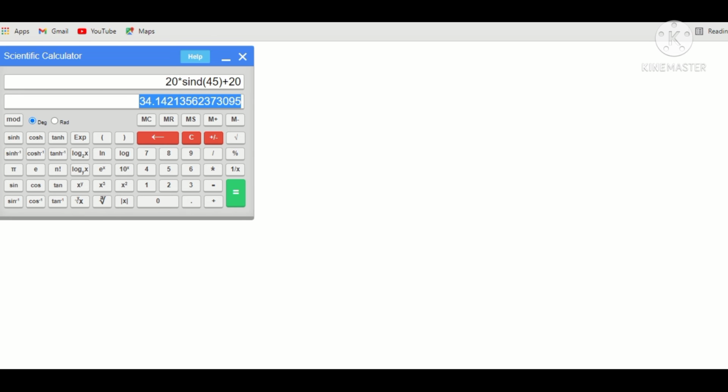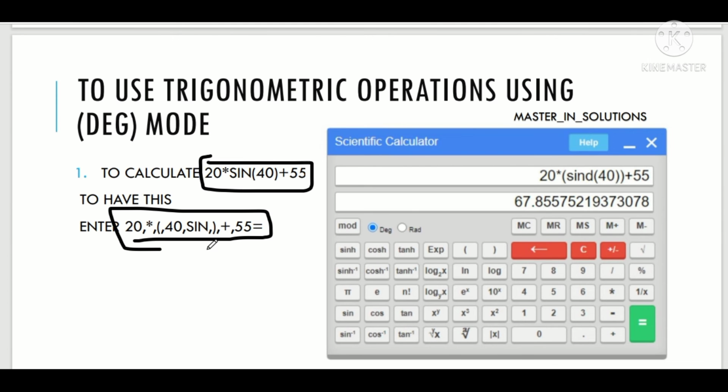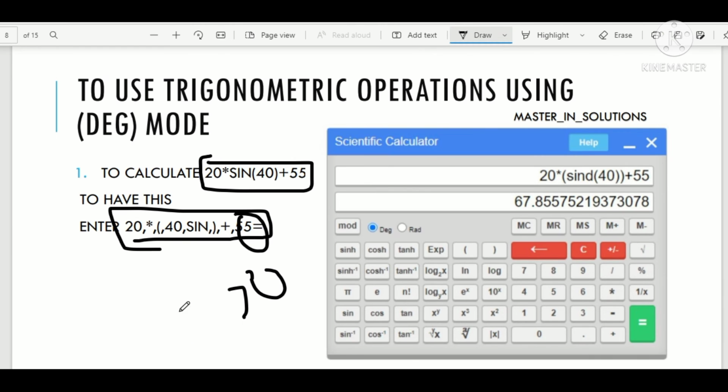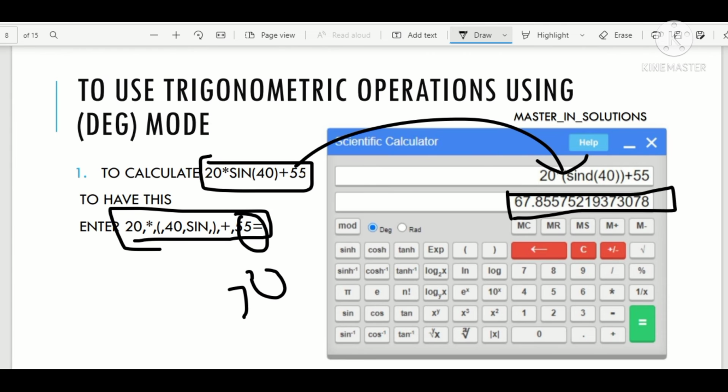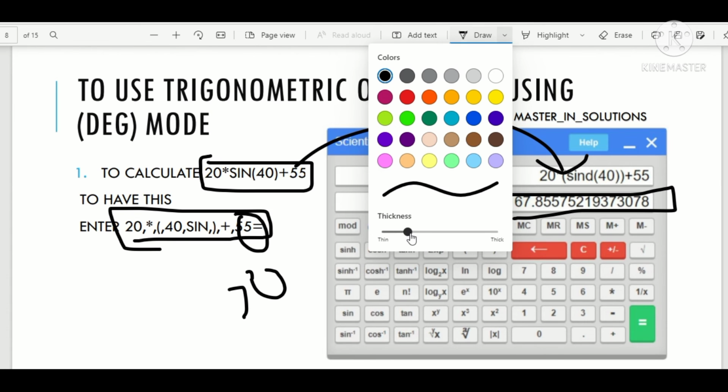It is the same procedure: in the place of 55 I enter 20, in the place of 40 I enter 45, and the 20 remains the same. If I place these values in the calculator, I get 67.855, and this is the value you are going to use for trigonometric usage.